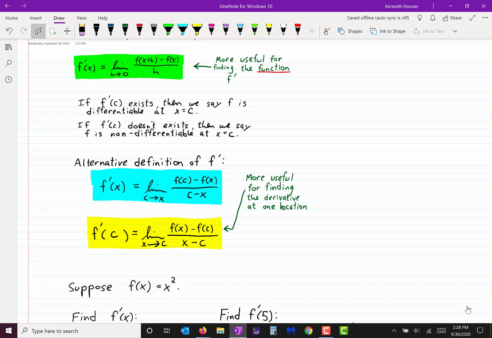Okay, either like it is in green, like it is in blue, or if you're only going to be plugging in one number, then you can do it the way it is written in yellow. Okay? All right, I want to change gears a little bit now. I want to talk to you about what would make the derivative of f not exist.